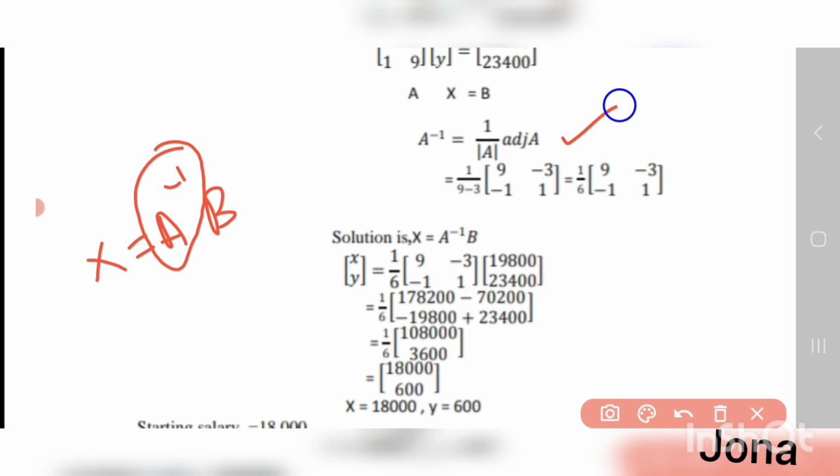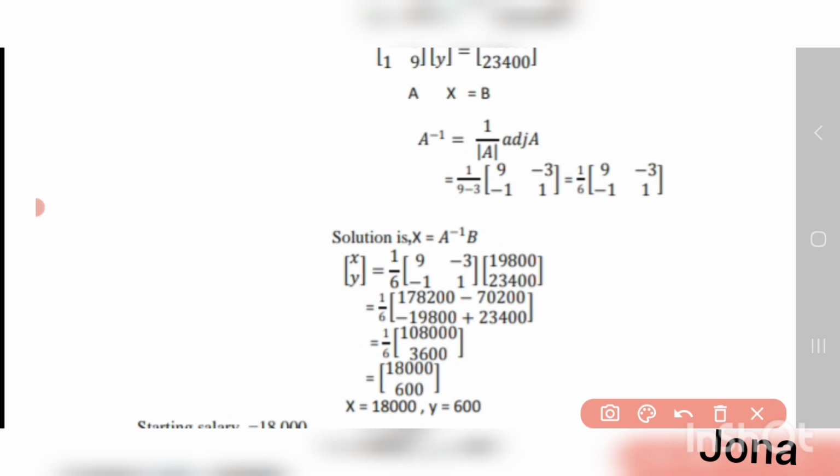A inverse is nothing but 1 by determinant A into adjoint A. Since it is a 2 by 2 matrix, I can find the adjoint directly: interchange these elements and change the sign of these two elements. The determinant value is 9 minus 3, so I got this value as 1 by 6 into 9, minus 3, minus 1, 1. So this is the value of A inverse here.